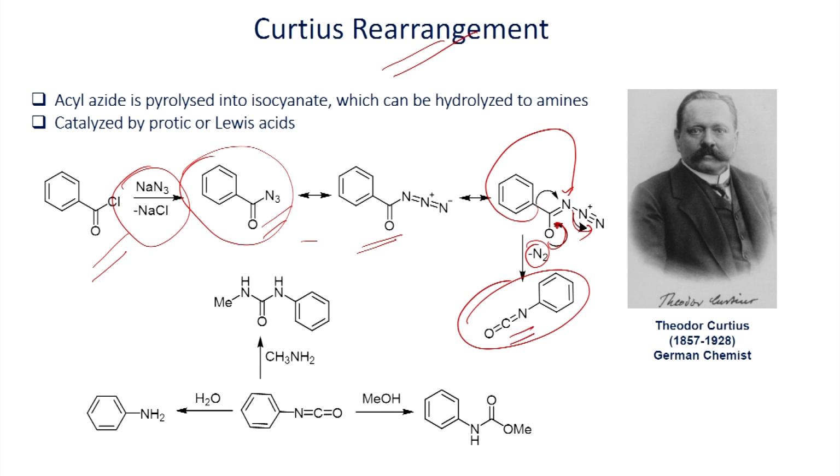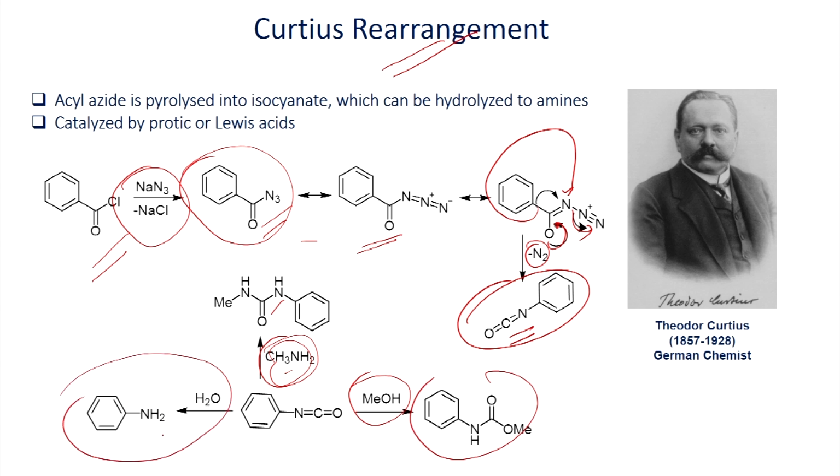Once you form the isocyanate, as we have just seen in the Hofmann rearrangement, you can react it with different nucleophiles. For example, you can react with an amine to get the urea, with methanol to get the carbamate, and similarly with water to get the amine. The difference between the Hofmann and Curtius rearrangements is that in the Hofmann rearrangement, we have seen amide as the starting material.